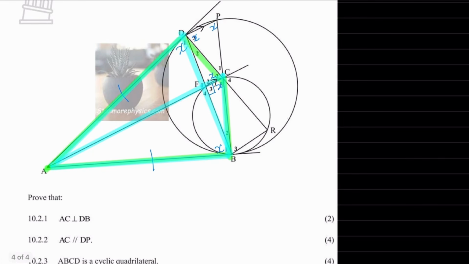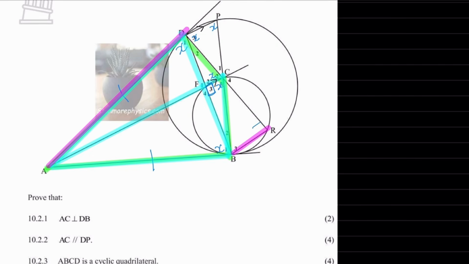And the last question, 10.2.5, prove that BR is parallel to AD. Now, BR is this line right here, and AD is this line right here. Now, how can we prove this? Let's take a look. So first thing we'll do is we'll make a note that since CB is my diameter, we know that this is going to be 90 degrees.